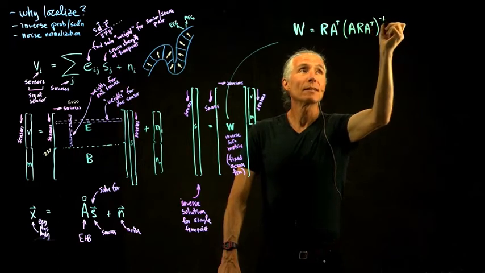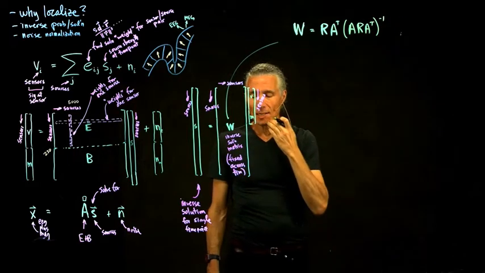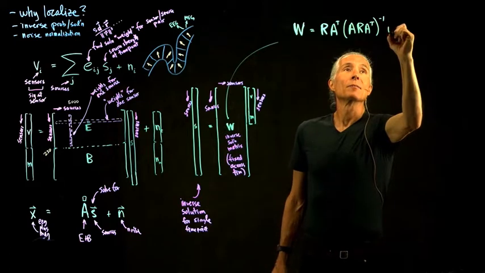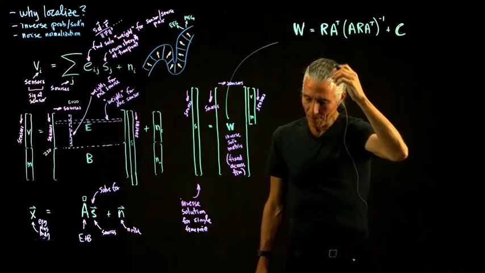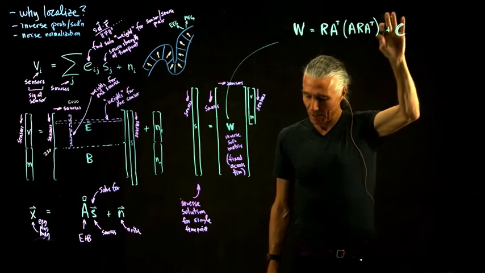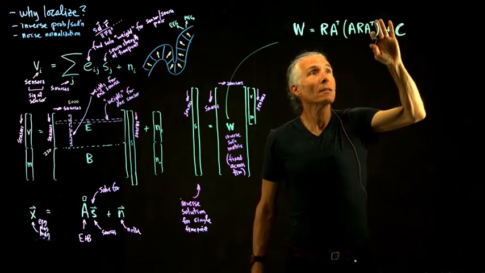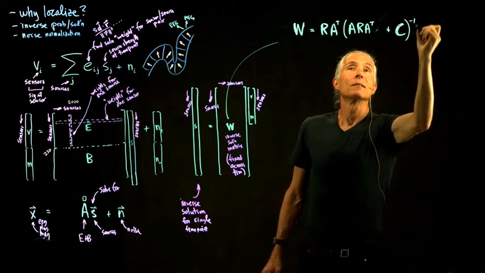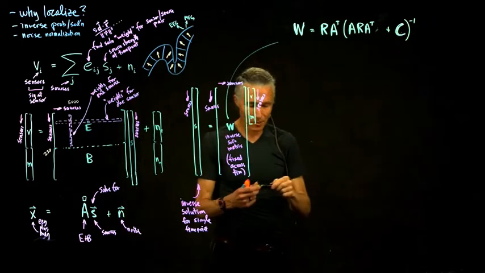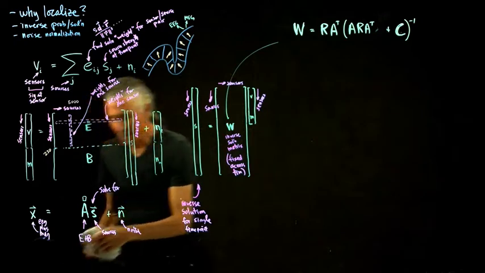Inverse of that. So that's a matrix inverse. Plus a C. Oh, sorry, put that in the wrong place. A R A transpose plus C, inverse.